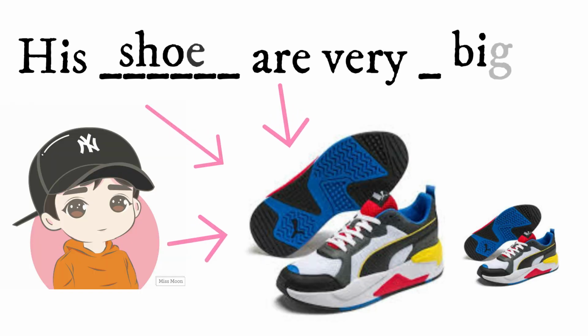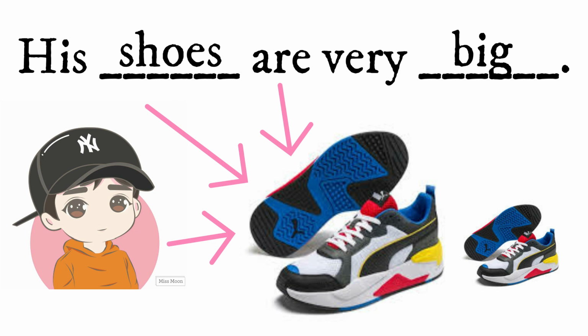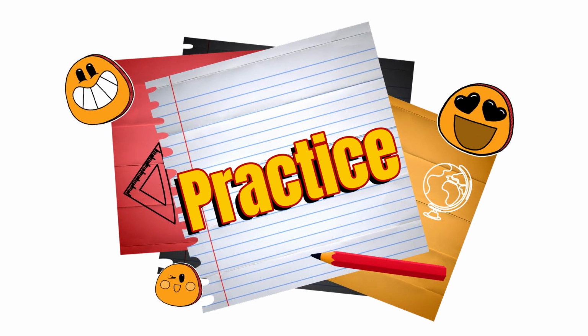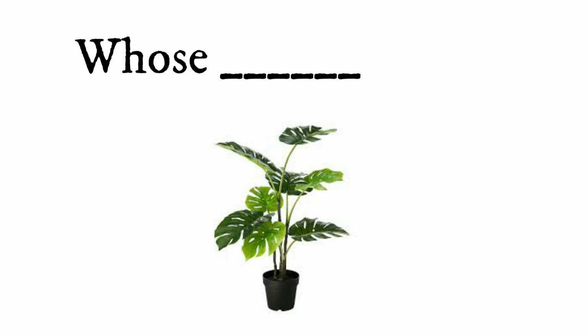His shoes are very big. 그의 신발은 매우 크다. Can you guess what goes here? 밑줄에 무엇이 들어가야 할지 생각해 봅시다.